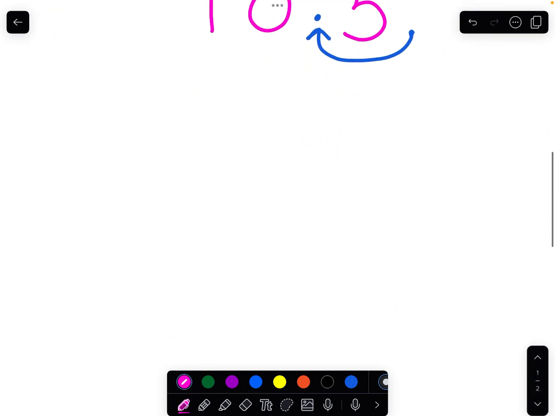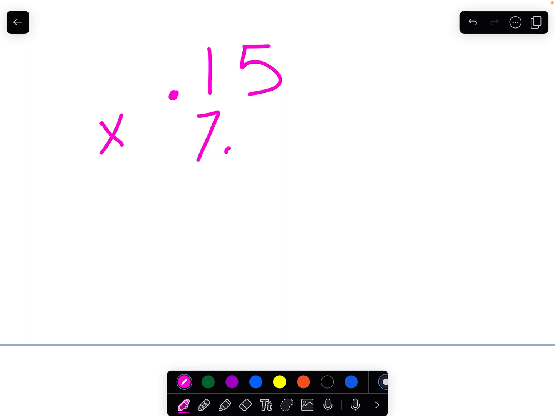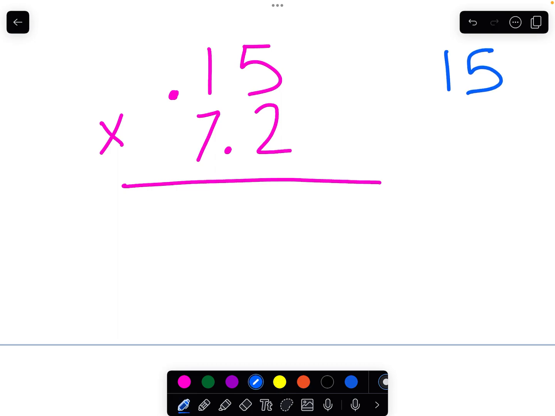Let's keep going. Let's do another problem. What if I have 0.15 times 7.2? Okay, so notice how I lined it up. Again, I kind of lined it up as if I was ignoring the decimal points, as if I was actually multiplying 15 times 72.